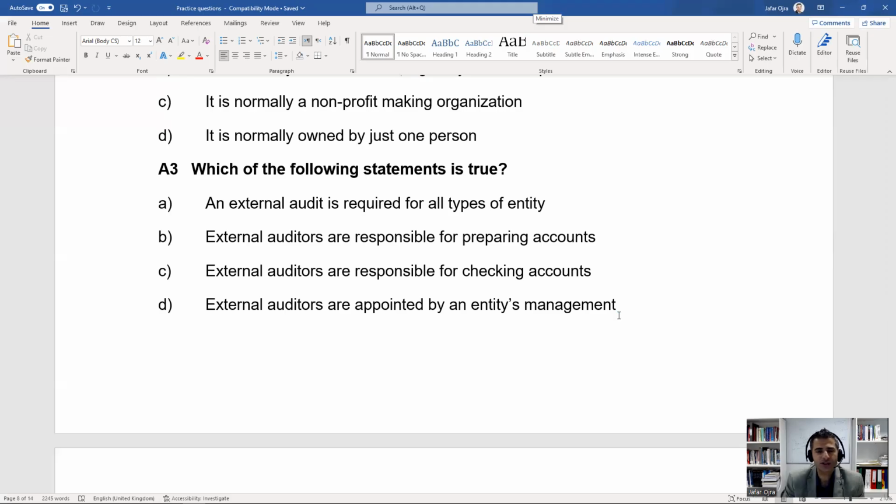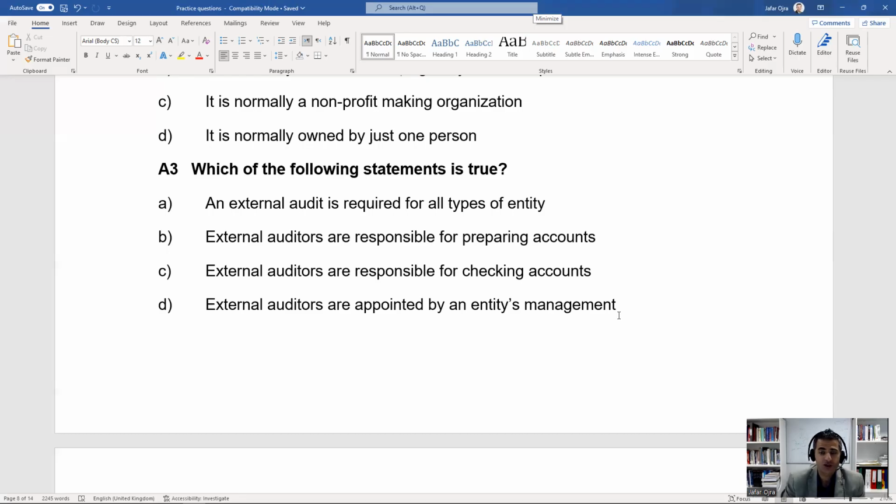In accounting, auditing is a branch of accounting. The difference between auditing and financial accounting is that the financial accountant prepares the financial statements, including the three main financial statements, and calculates the financial figures.